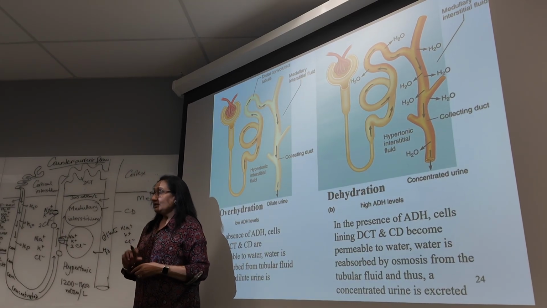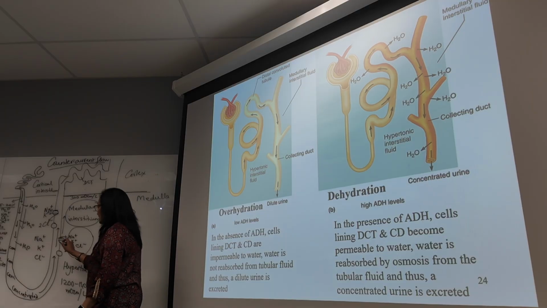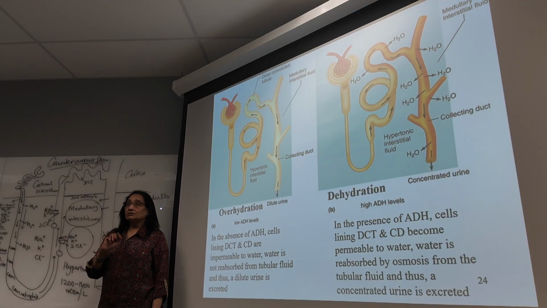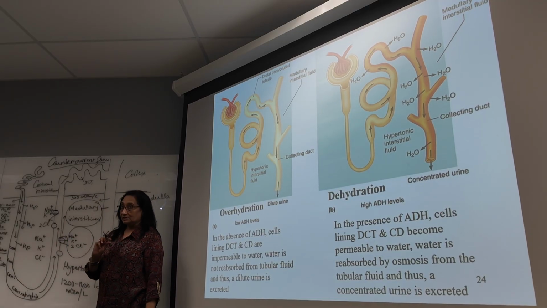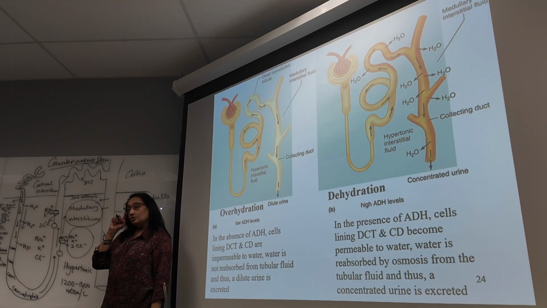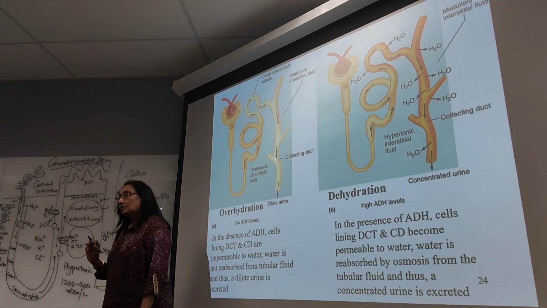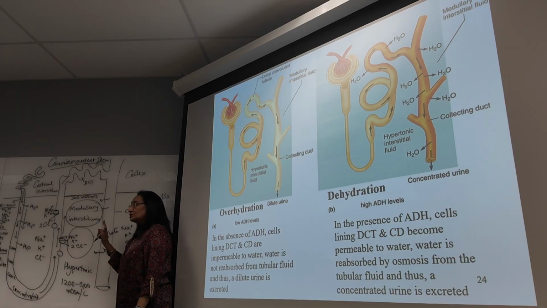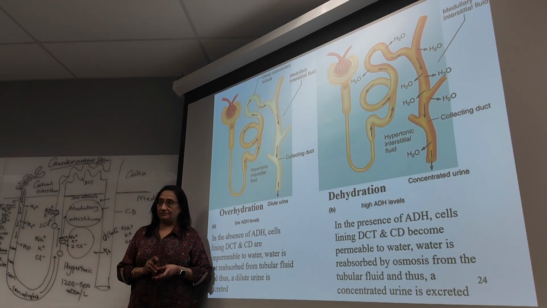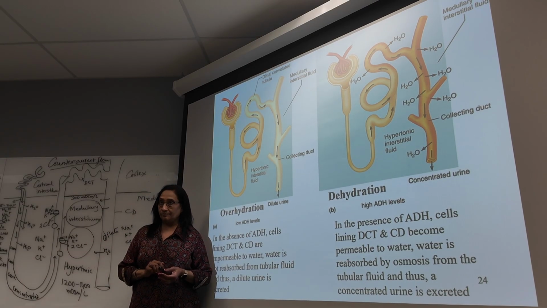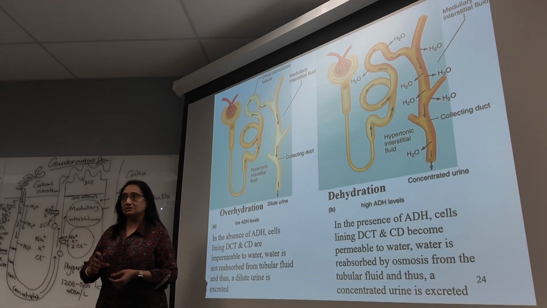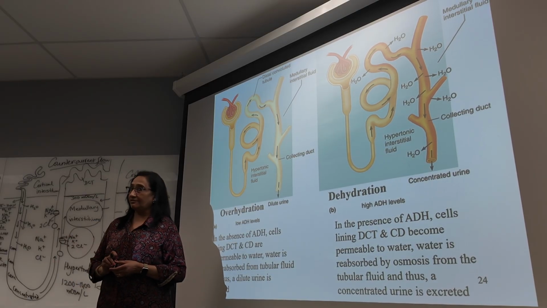Now let me ask you this question. In a newborn baby, will the action of ADH be effective in a newborn baby or a very young infant, the first few months of life?